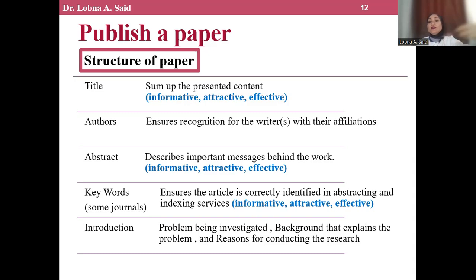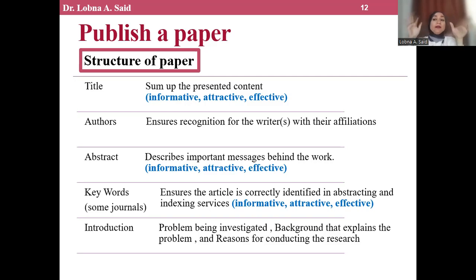And you have to give the reader the background that explains this problem and why I'm conducting this research. So I have to show the background, what people have reached so far, and identify the problem itself and why I'm doing this, because other people explained this problem, and other people worked on this problem, what they have reached so far, and why I'm working on this paper.